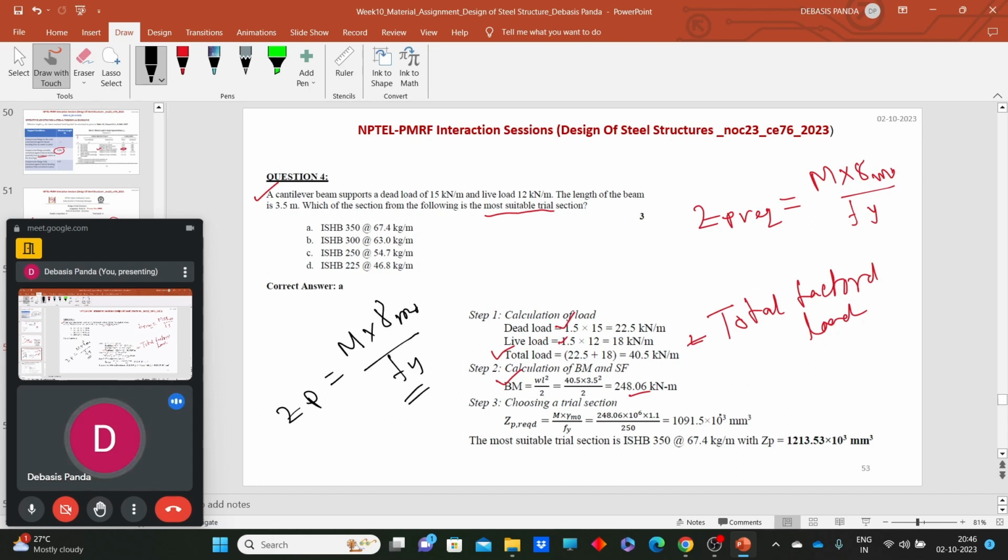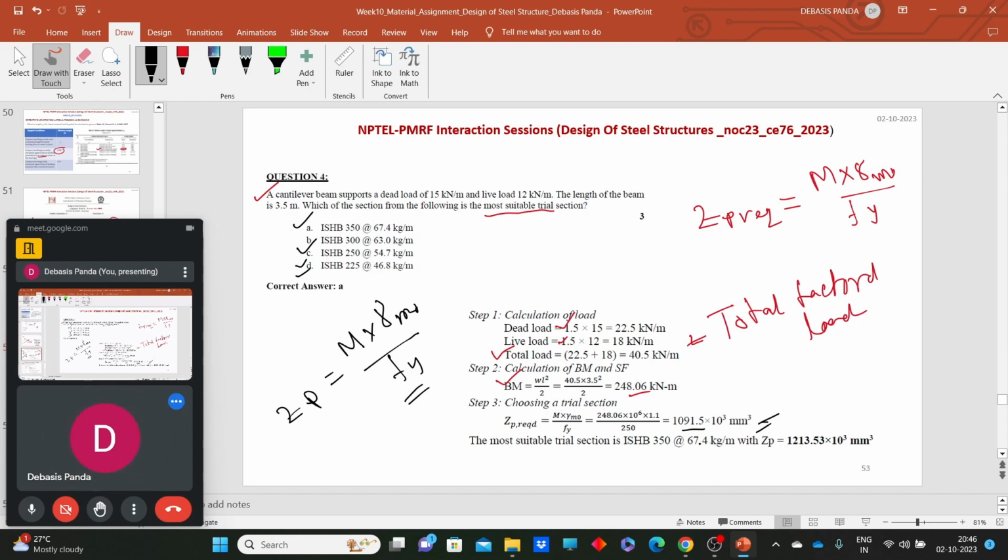Now we need to go to SP6 and look for, out of these four sections, whose plastic sectional modulus is near about 1091.5 into 10 cube mm cube.